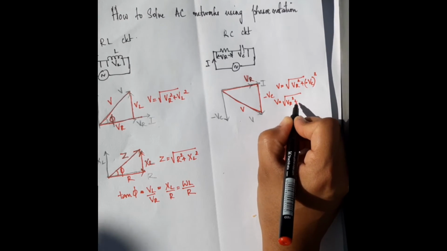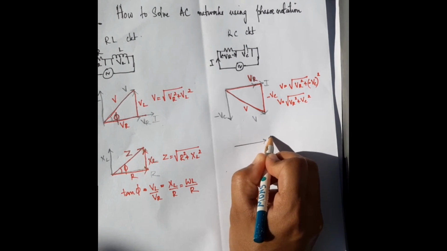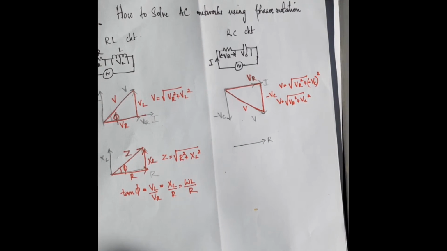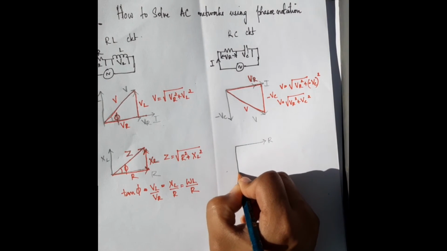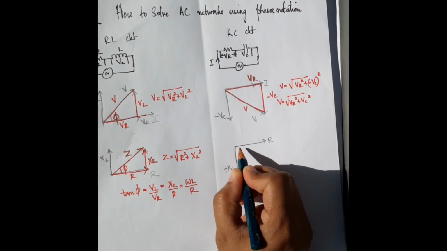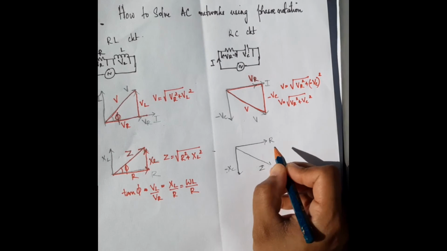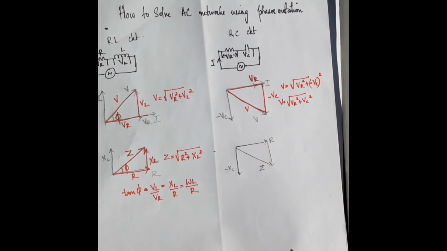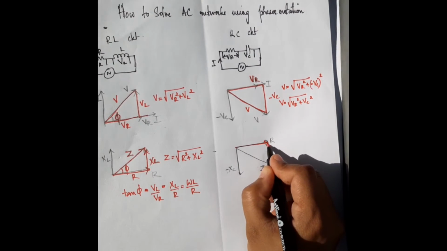Similarly, like the RL circuit, we can form the impedance triangle. Resistance is in phase with the current, while XC, the capacitive reactance, is 90 degrees out of phase with the current, and the resultant impedance is Z. We can form the impedance triangle now.